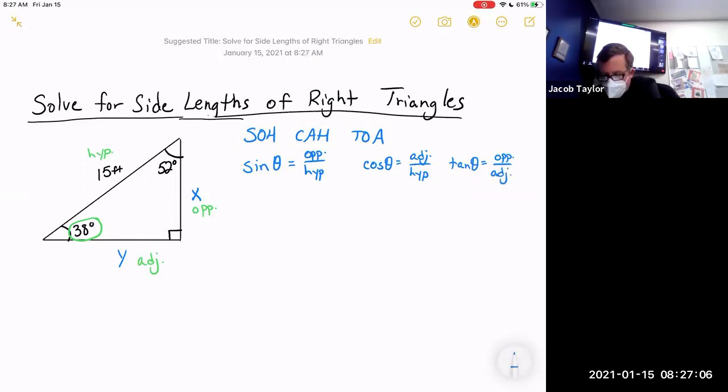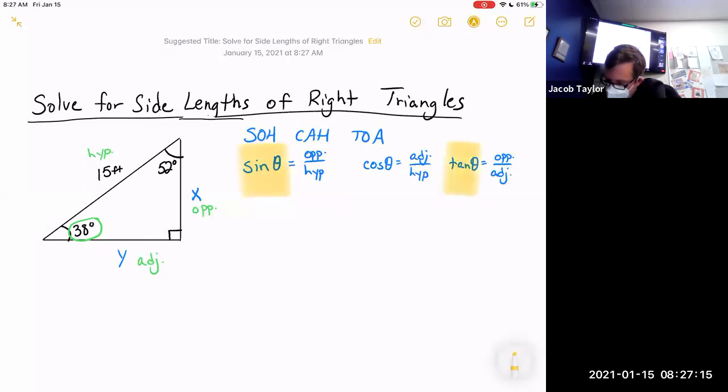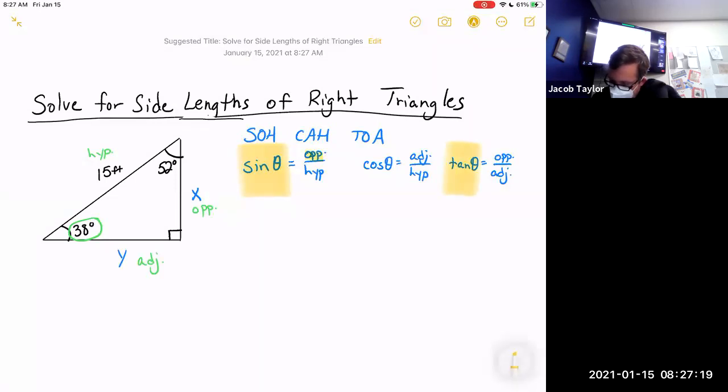Because the side we want, x, is the opposite side, that narrows it down to us needing to use either sine or tangent. We have to use sine or tangent because those are the ones that have opposite as an option. We're looking for the opposite side, so we need to use a trig function that has opposite in it.